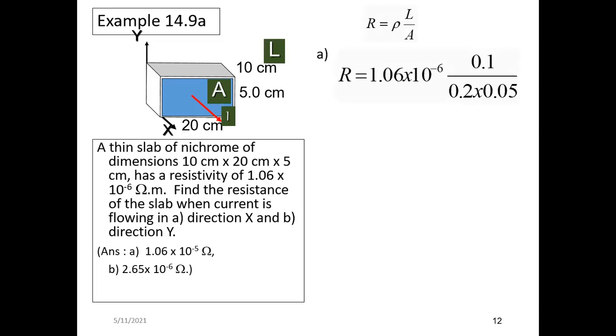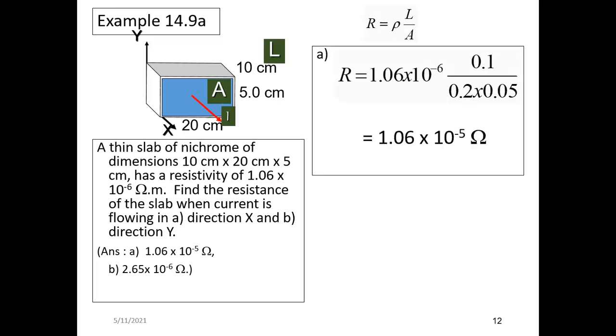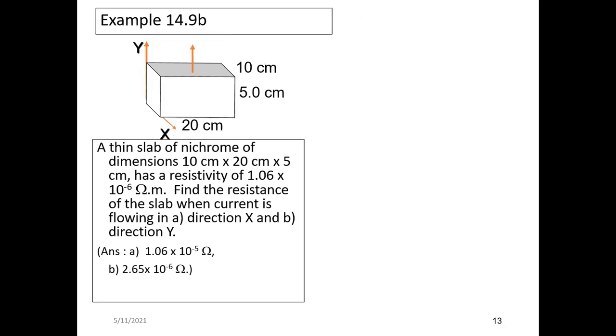Put into the formula and you can get the answer. Try part B. Identify where your current is, where's the area, where's the length.